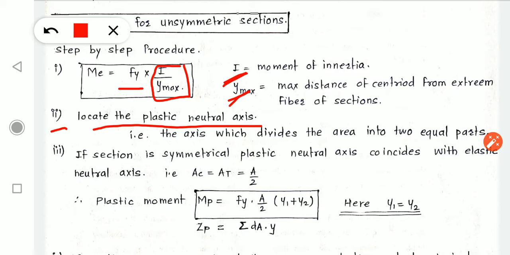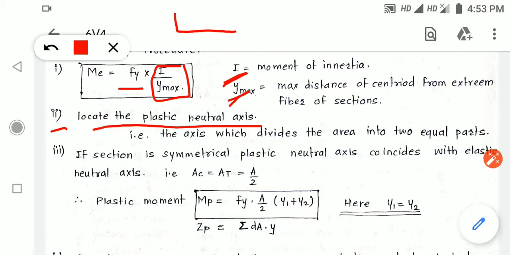The neutral axis will cut that rectangular section into two equal areas. But once you are supposed to calculate it for an unsymmetrical section, then you have to carefully assume that it lies somewhere in the web or flange region of the section you are solving. We will learn that in the unsymmetrical section.